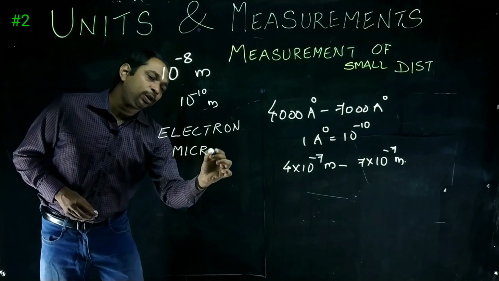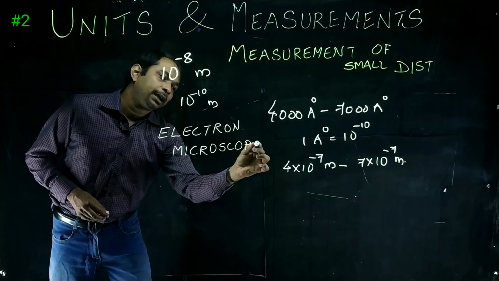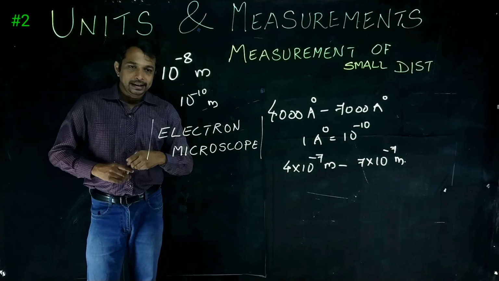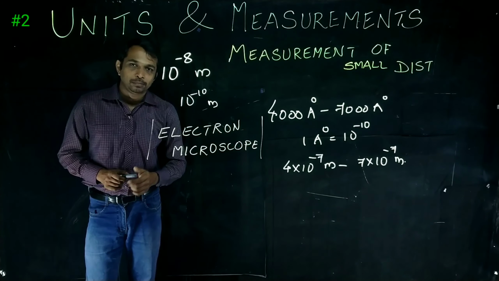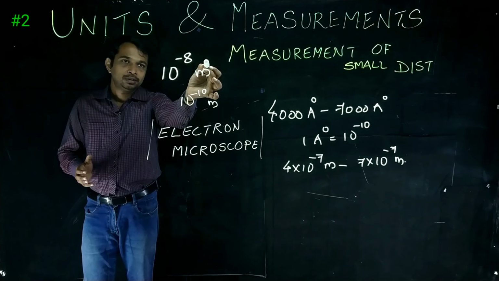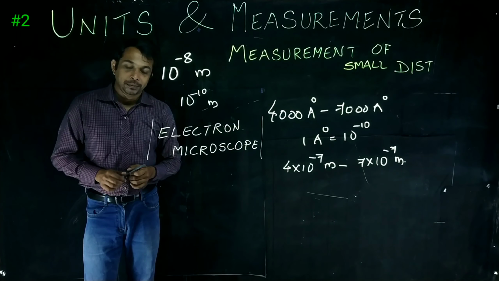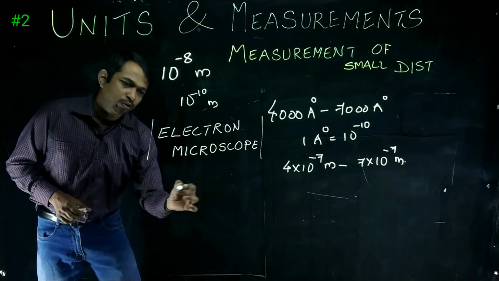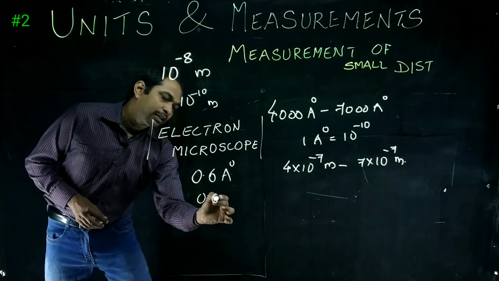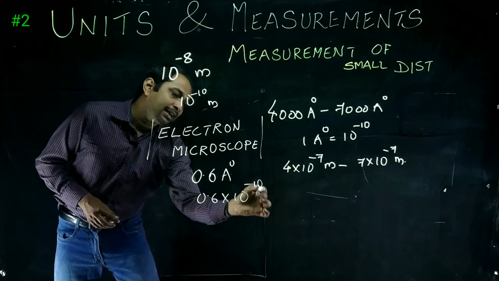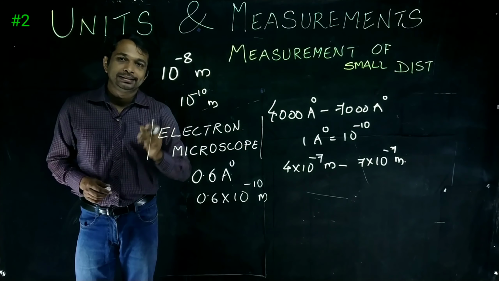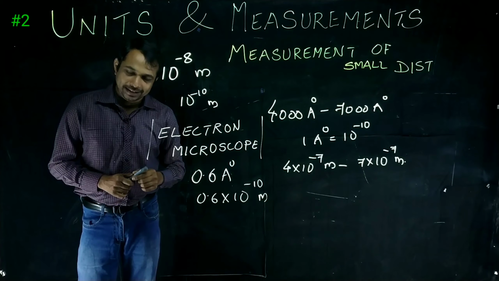Because in an electron microscope, instead of visible light, they are using a beam of electrons. They are sending electrons onto that atom or that molecule, whatever it is, and that is used to observe it. And can you imagine what is the wavelength of these electrons? It is around 0.6 angstrom or 0.6 into 10 to the power of minus 10 meters, which is obviously smaller than the size of this atom.